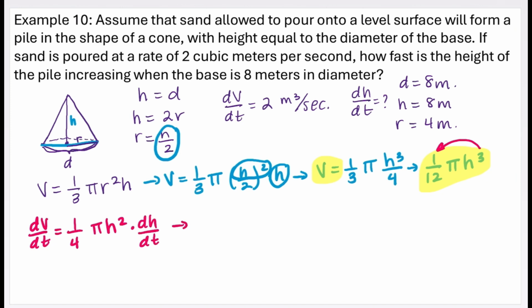And now I can plug things in. dV over dt is 2 meters cubed per second equals 1/4 pi. h is 8, so 8 meters squared times dh dt, because that's what I'm looking for.